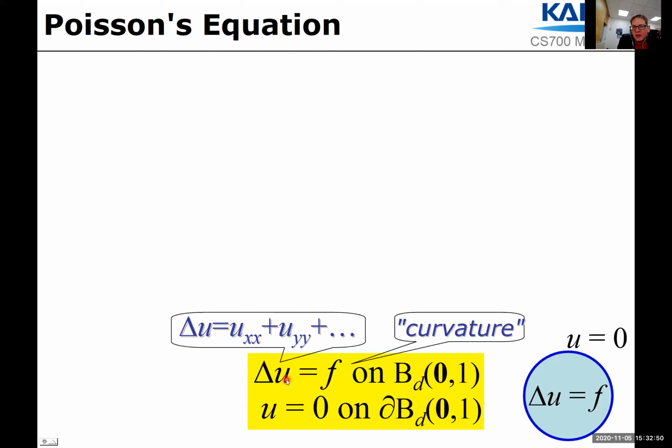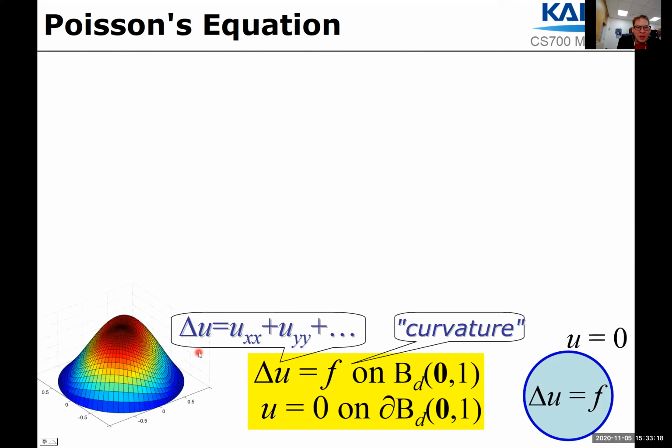The first derivative is slope, and the second derivative is curvature, that is the reciprocal of the radius of an inscribed or touching circle. That's curvature. So the right-hand side basically prescribes or defines the curvature of this function.